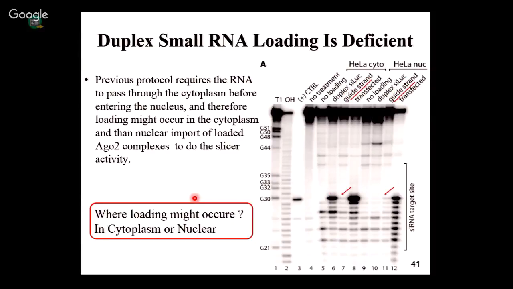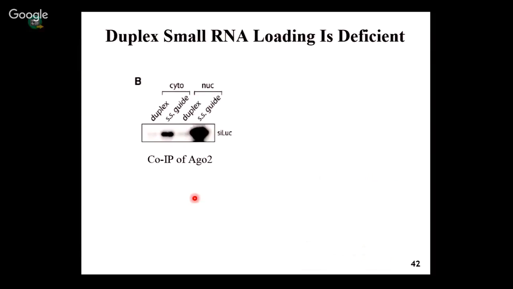They further examined the loading of single-stranded guide RNA alone. The results show that the single-stranded siLuciferase shows low but similar levels with both the cytoplasmic and the nuclear AGO2. And the single-stranded RNA can be directly bound by AGO2 without the need for additional factors.